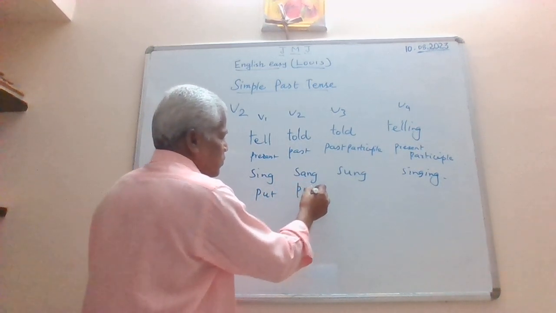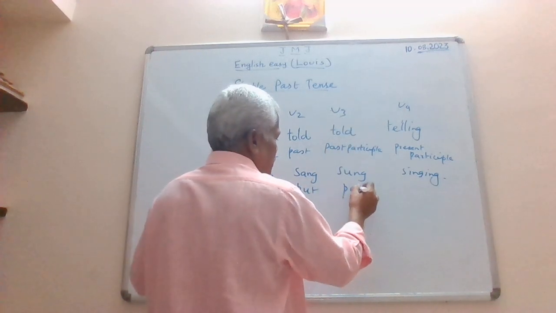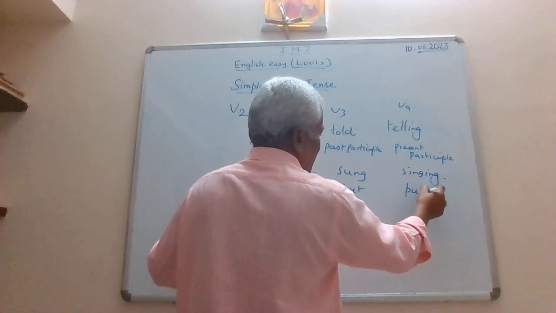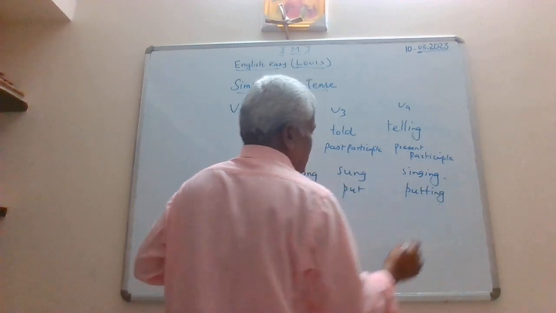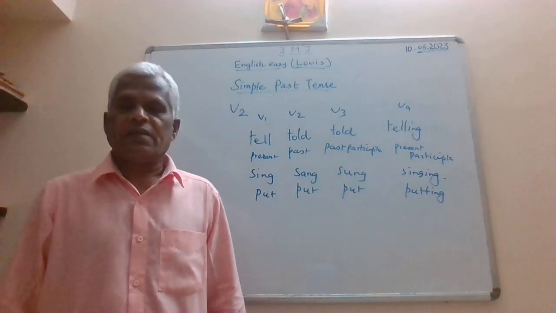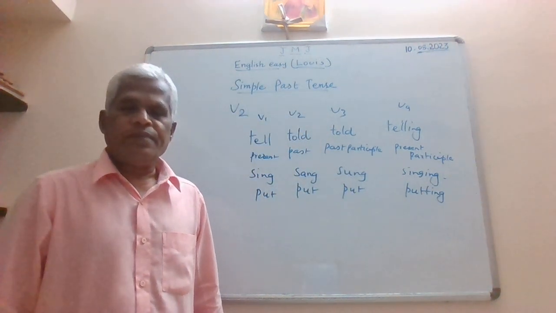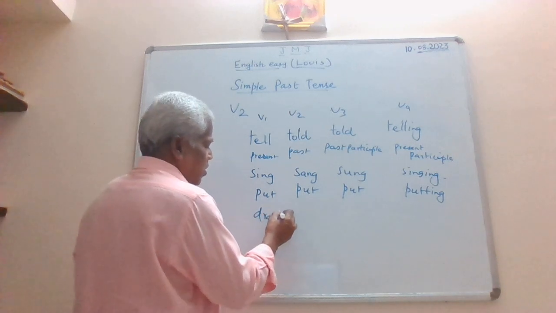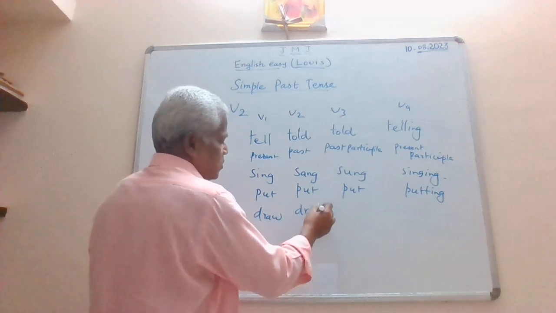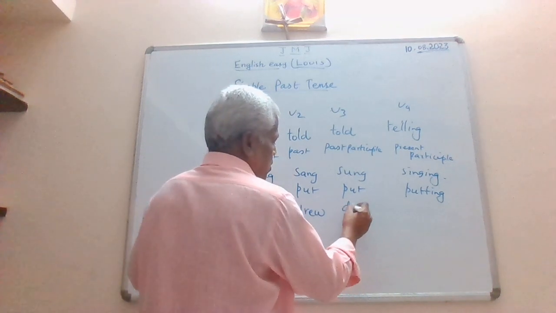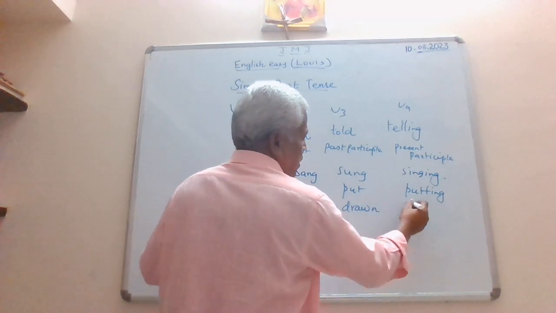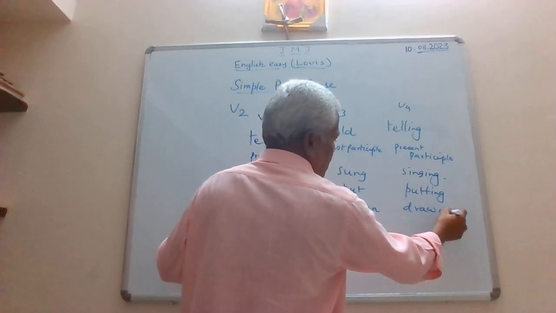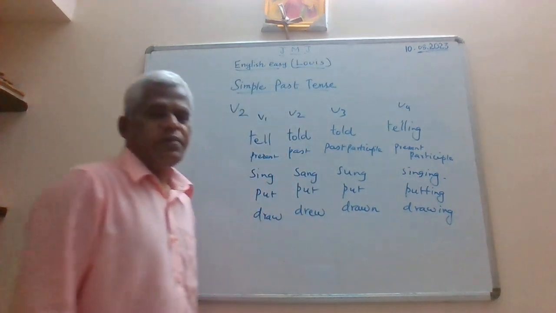Past tense V2 is also put. V3 is also put. And then of course you have putting. Another example, draw. Draw, drew, drawn, and drawing.